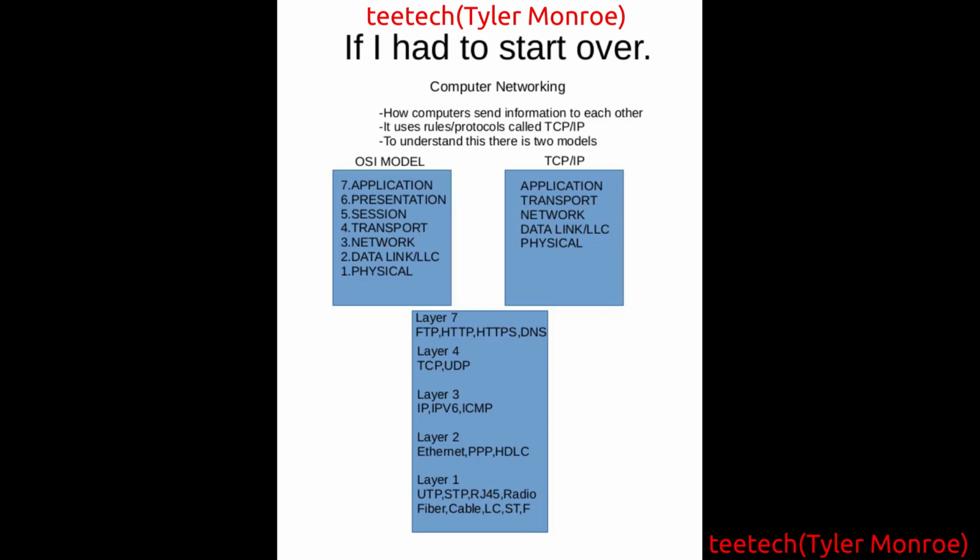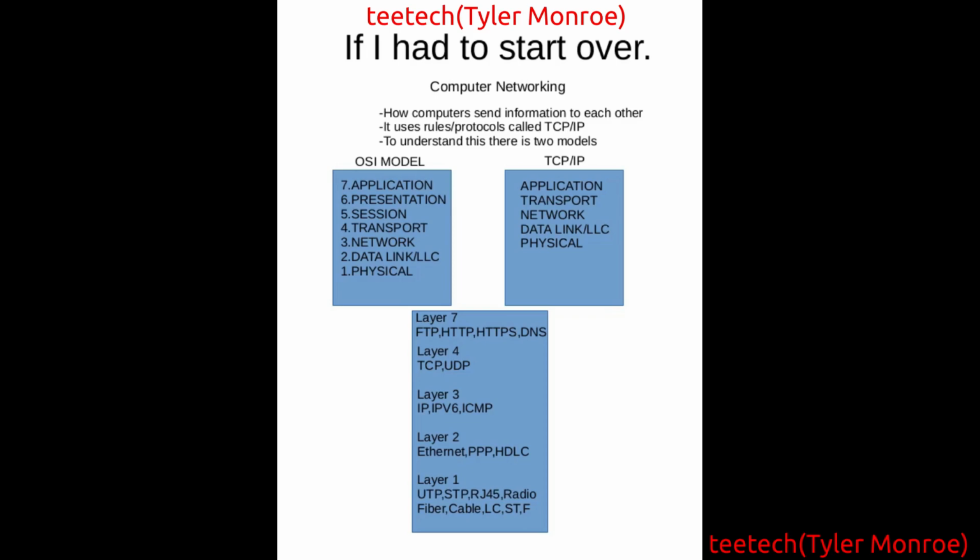But anyway, it uses rules, also called protocols, called TCP/IP. All right? And to understand that, there's 2 models to understand the pieces of a network and the problems we're trying to solve. So you have the OSI model, or the Open Systems Interconnection model, and the TCP/IP model, also called the DoD model.